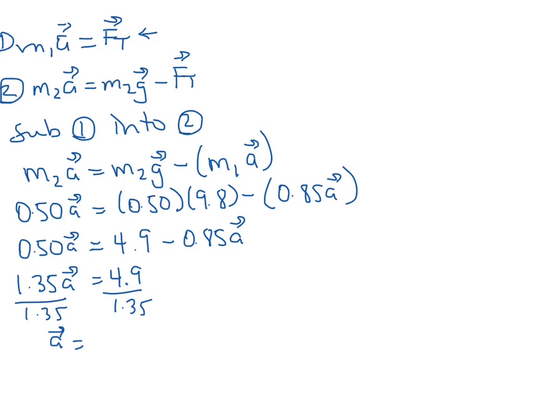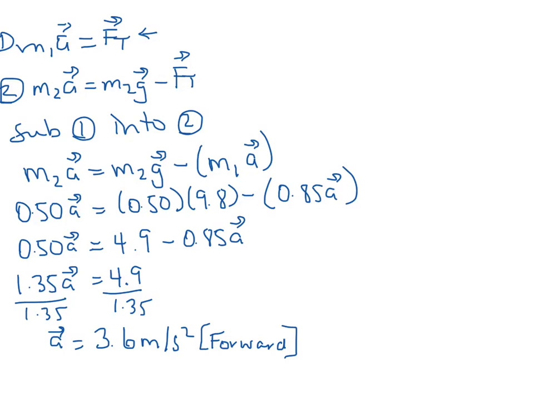We're going to round it to 2 sig figs, so 3.6 meters per second squared. We're talking about the cart here, so the cart is moving forward. For our direction, we're going to use forward. So that's part A. You can see part A is pretty long.